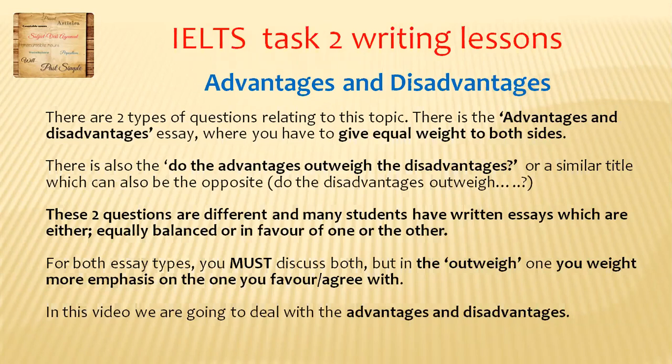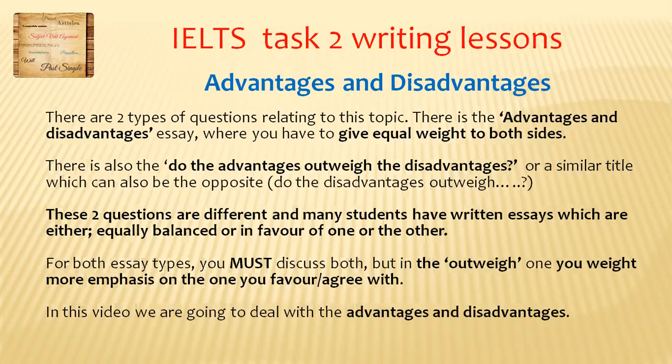But you would also have to touch on the disadvantages, so you could mention them. But the focus of your essay would be that you think the advantages are much stronger than the disadvantages.